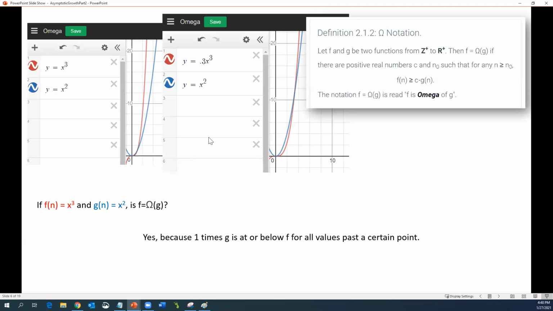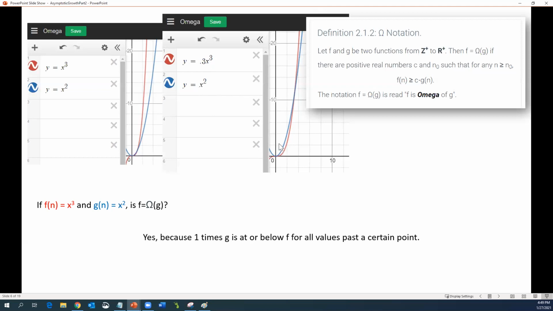And you could say, we only have to find one c for which it's true. But you see that no matter what you have here, if I were to have a different f, where I have a constant in front here, then you might think, well, no, now f is no longer omega of g.